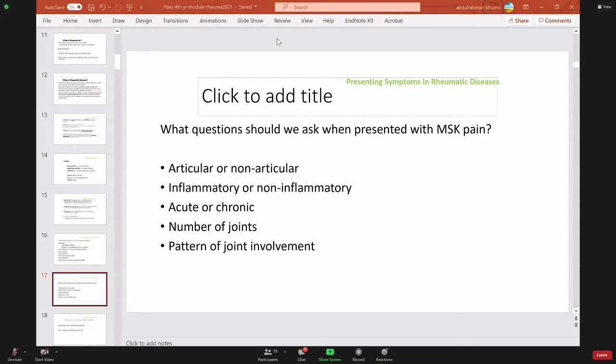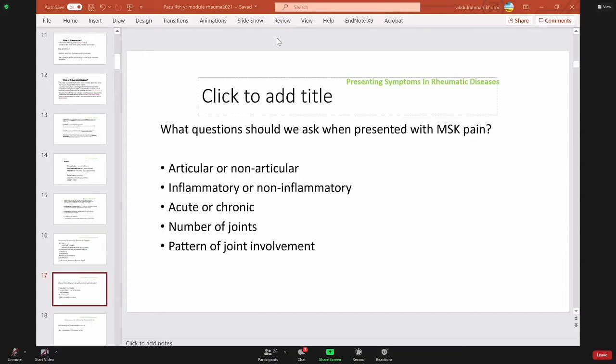The time the pain comes, early in the morning or late in the night. The severity of the pain, and the onset, does it start gradually or acutely? Does anyone in his family have the same symptoms? Is there limitation in movement? Is there any pain or change in the range of motion? Is there fever? Any redness?